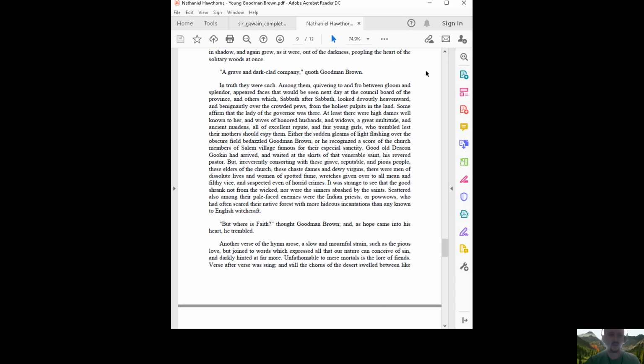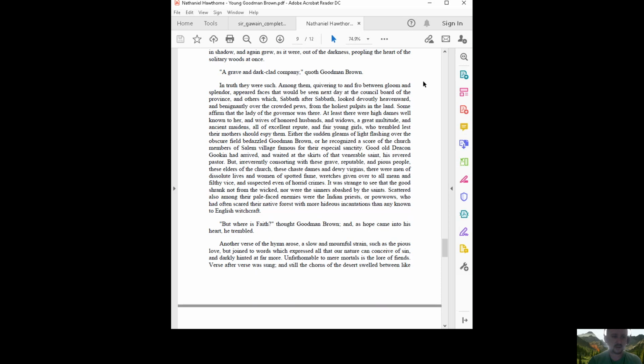A grave and dark-clad company, quoth Goodman Brown. In truth they were such. Among them, quivering to and fro between gloom and splendor, appeared faces that would be seen next day at the council board of the province, and others which, Sabbath after Sabbath, looked devoutly heavenward and benignantly over the crowded pews. From the holiest pulpits of the land, some affirmed that the lady of the governor was there. At least there were high dames well known to her, and wives of honored husbands and widows in great multitude, and ancient maidens, all of excellent repute, and fair young girls who trembled lest their mothers should espy them. Either the sudden gleams of light flashing over the obscure field bedazzled Goodman Brown, or he recognized a score of the old church members of Salem village, famous for their especial sanctity.